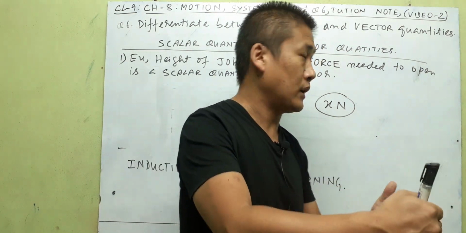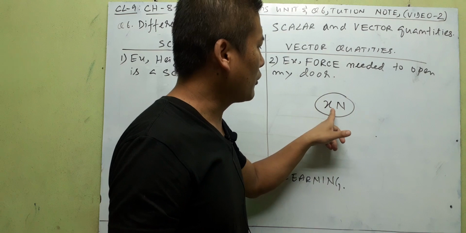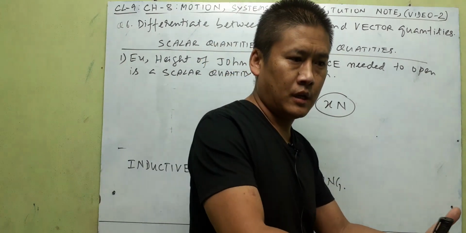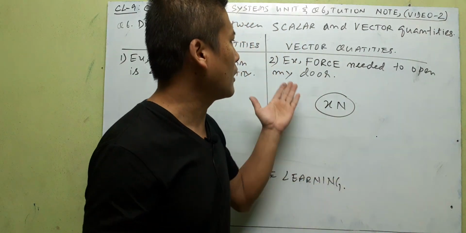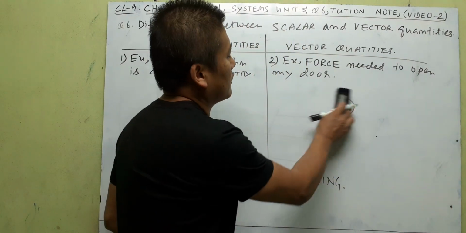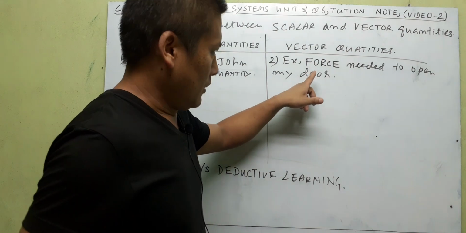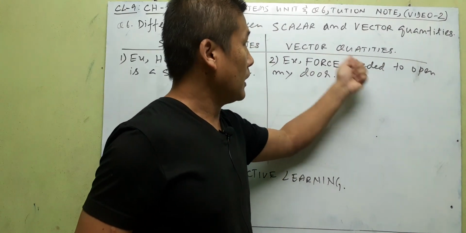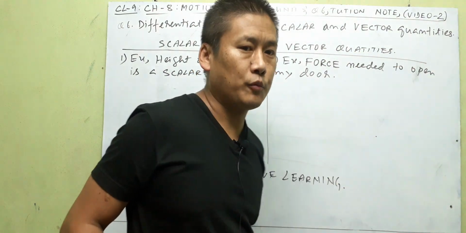It is a particular direction. So here the amount of force is of course important, but also the direction in which you apply the force is so important. Those kinds of physical quantities in which not only the magnitude but direction is also involved are called vector quantities. I hope you're getting it.